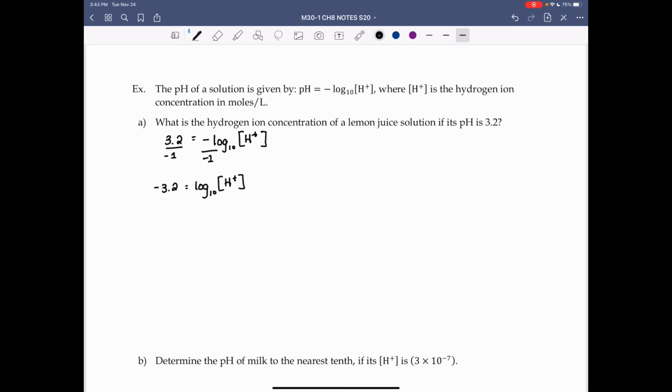Recall that for solving logs, we often want to change them to exponential form. So the base is 10 to the power of the exponent, negative 3.2, equals the argument, which in this case is our hydrogen ion concentration.